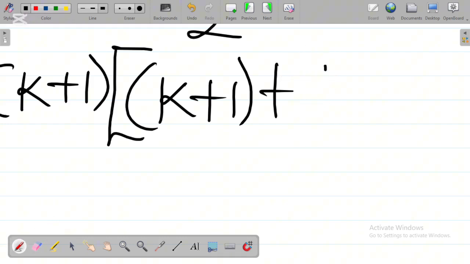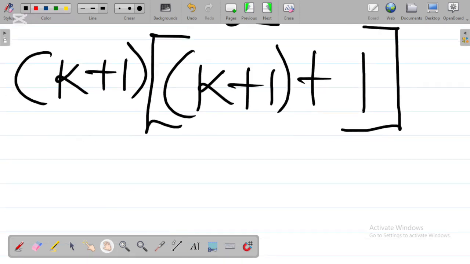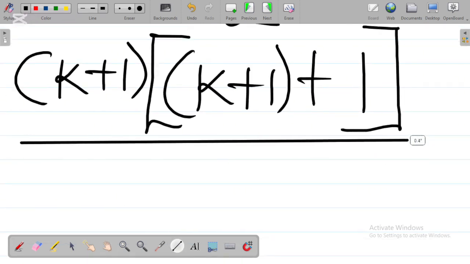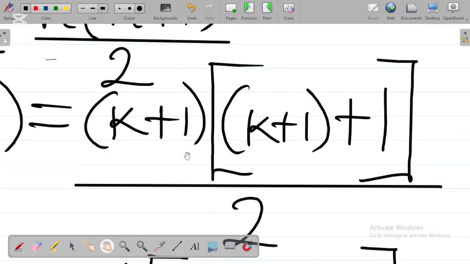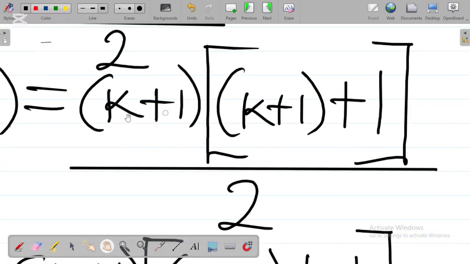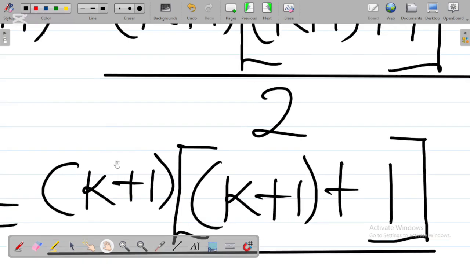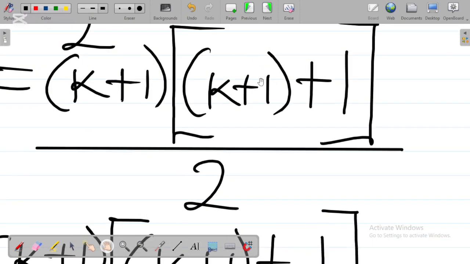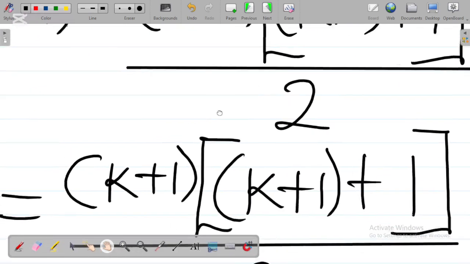So we have here plus 1. Then you close the square bracket. And then all over 2. Let's confirm it if it aligns with the one we have. We have a k plus 1, k plus 1, and then everything inside the square bracket divided by 2.